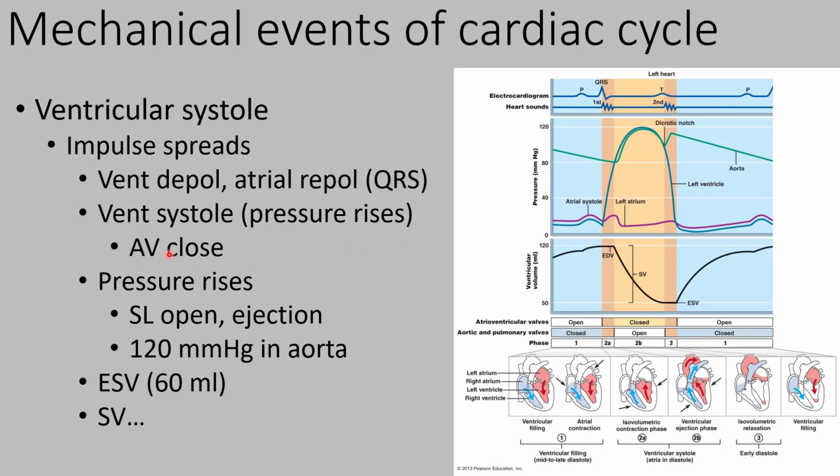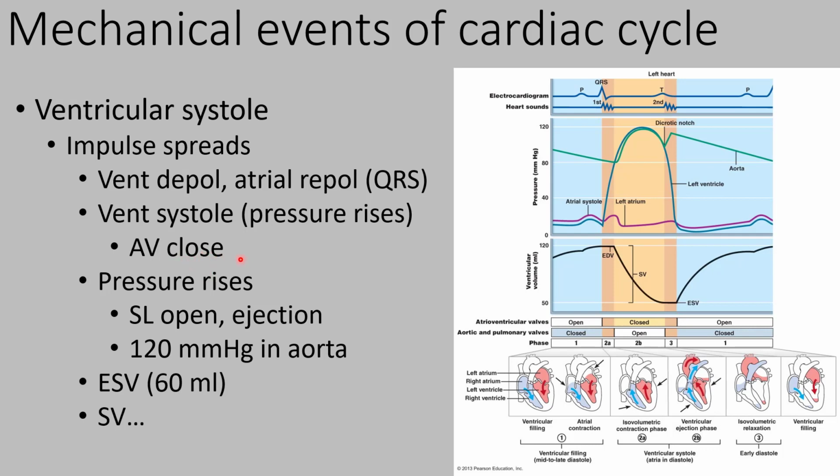But we have those AV valves, and as blood tries to push back the other way, it forces those AV valves closed, so blood does not go into the atria from the ventricles. And remember, we have those chordae tendineae holding on to those AV valves so that they do not close and then reflect back up into the atria. They do not go beyond closed.